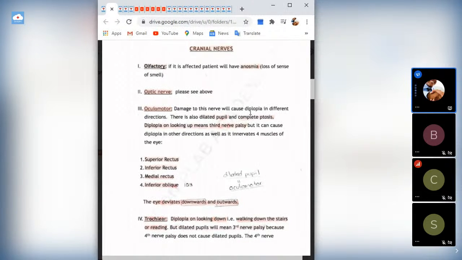Additionally, it supplies muscles around the eyes, okay, and is involved in light reflexes, the motor aspect of light reflex. The sensory aspect of light reflex is carried by the optic nerve. The optic nerve is essentially sensory.